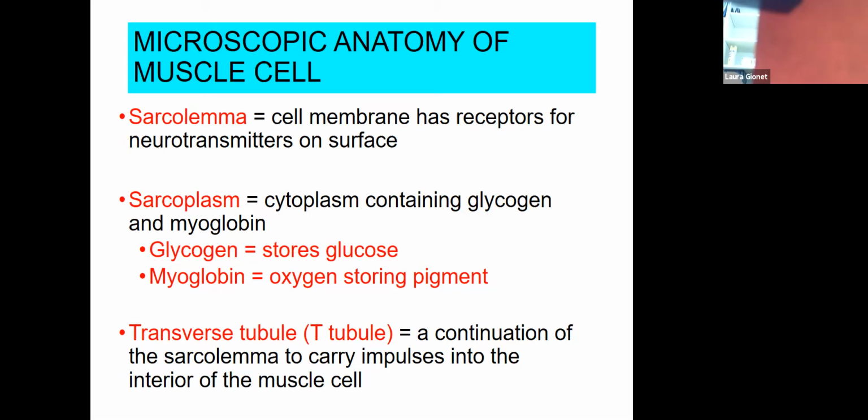We store it in the liver, and we store it in skeletal muscle, because skeletal muscle is going to need to be able to convert this to lots of ATP for contraction. And myoglobin is an oxygen storing pigment, because we need oxygen present to burn glucose. So, we can initially use our myoglobin and our stored oxygen there, but boy, you better have a good arterial blood supply delivering more and more oxygen all the time.